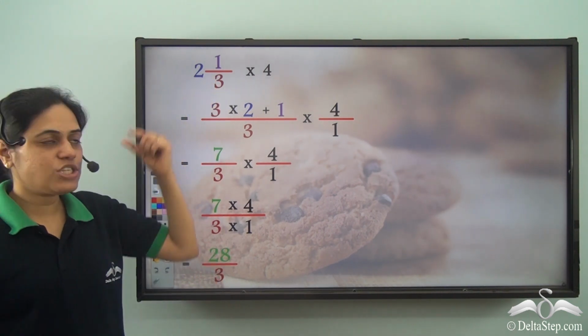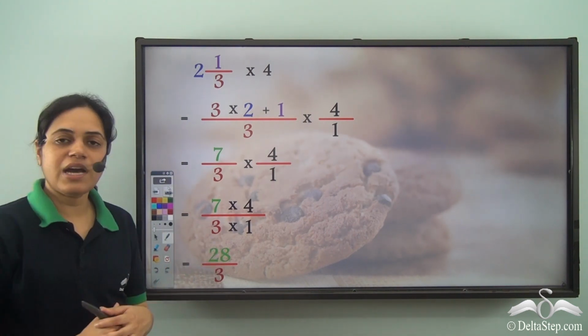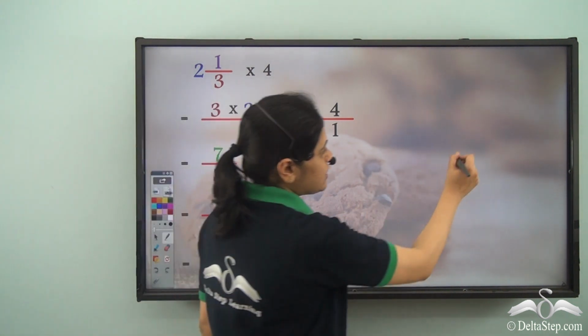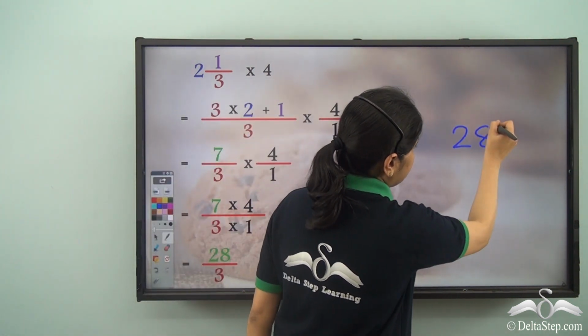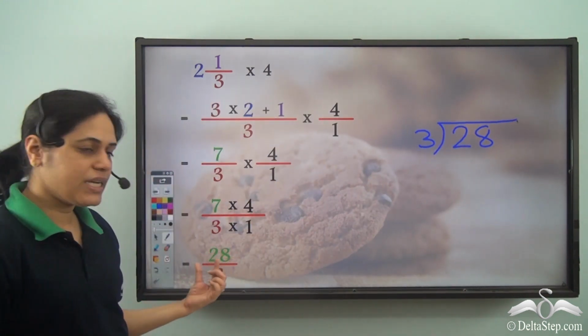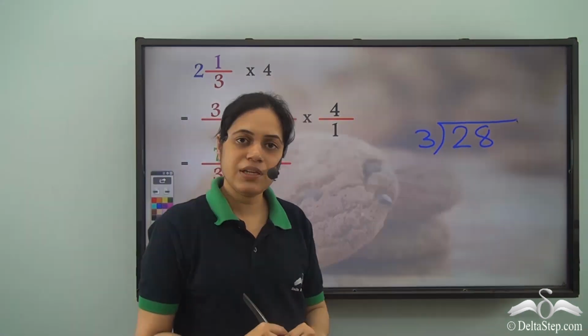But my question was in terms of mixed fractions, so I need to give the answer as a mixed fraction. This is 28 divided by 3.